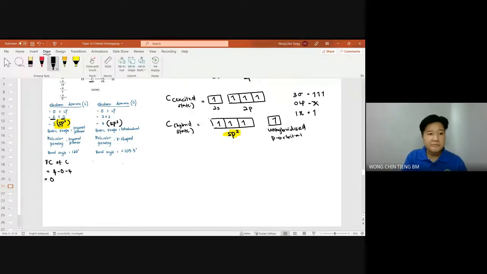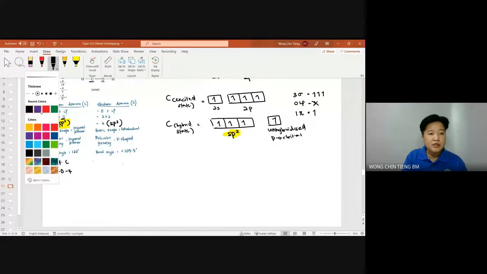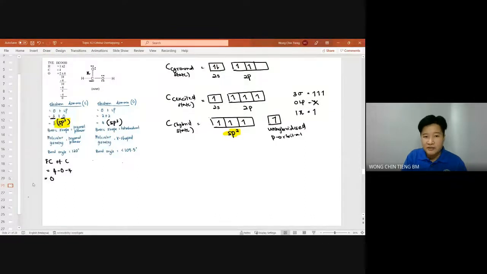Good, great. Next, we will be moving into your oxygen. Oxygen, electron domain 4, so hybridization sp3. Therefore, looking for the formal charge of oxygen equals to 6 minus 2 minus 4. Formal charge oxygen masih kosong. Easy. Therefore, we're starting off with your oxygen ground state.